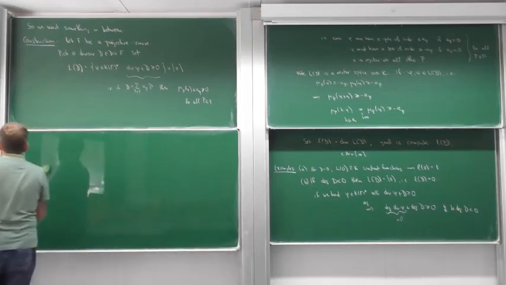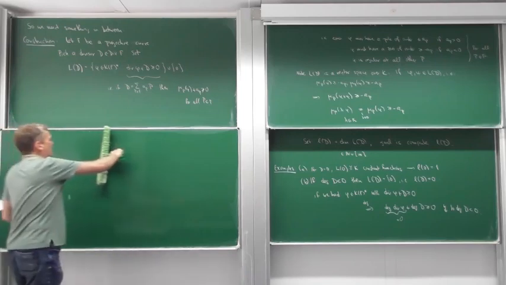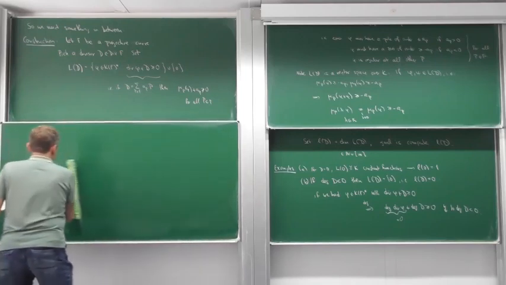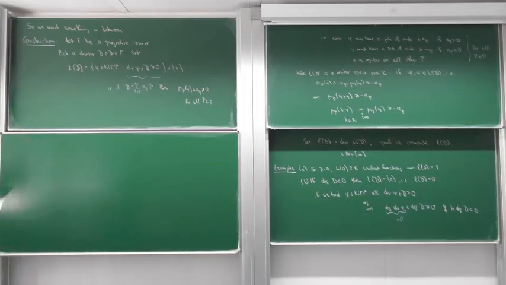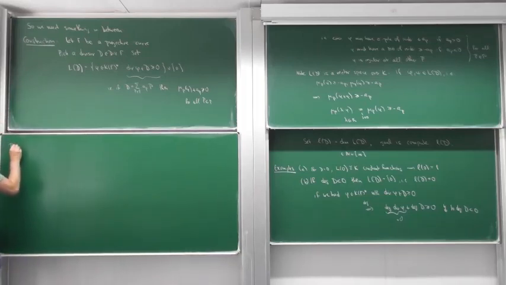So to move on to more interesting cases, maybe let's start with two remarks. The first of them is that these spaces L of D actually partially lie inside each other.